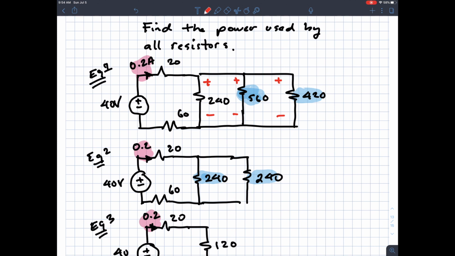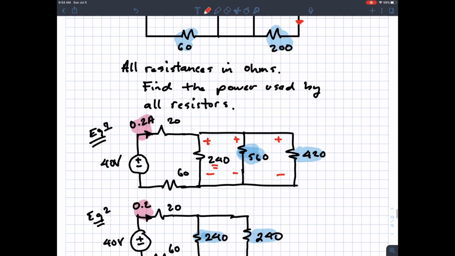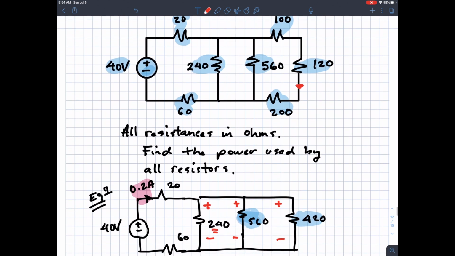So if I could do that, I could calculate the power for the 240 ohm resistor and the power for the 560. If I know this voltage plus minus V, I would be good for calculating the power for both those resistors.